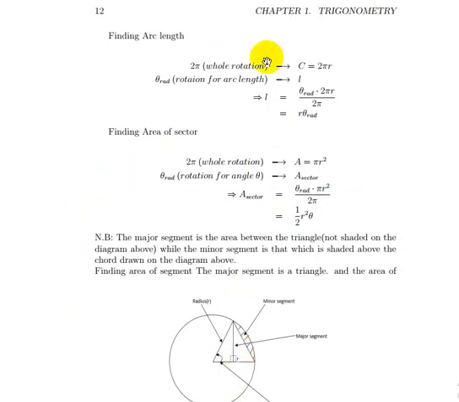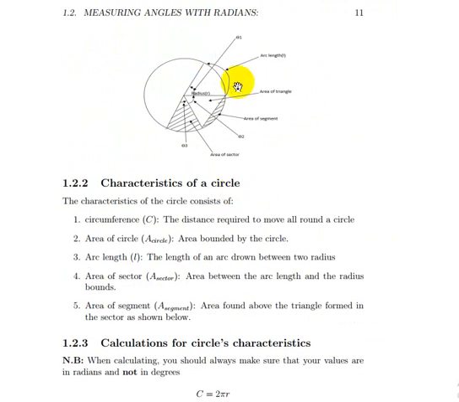So now the next point is to find the arc length. Initially on this diagram, we've seen that the arc length was this length here. This length, enclosed within the two radii, is similar to the circumference, but the circumference is due to the total length, the total movement.